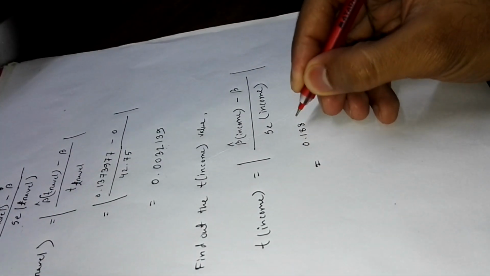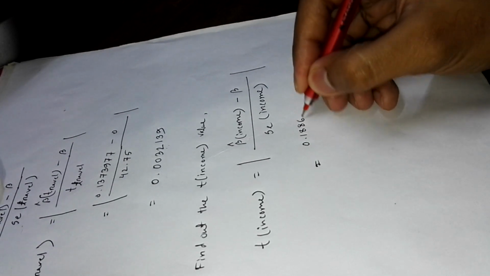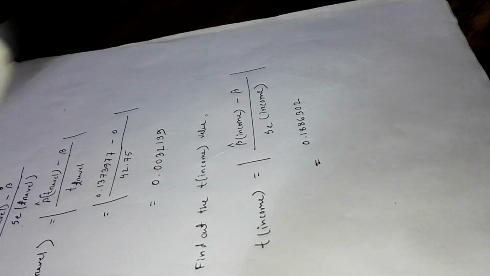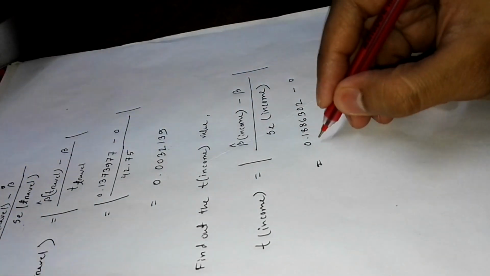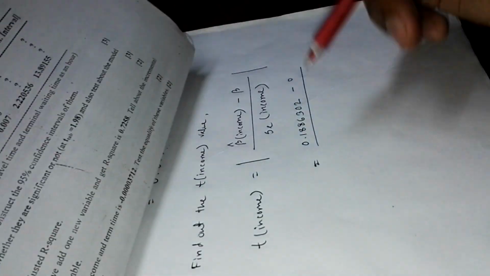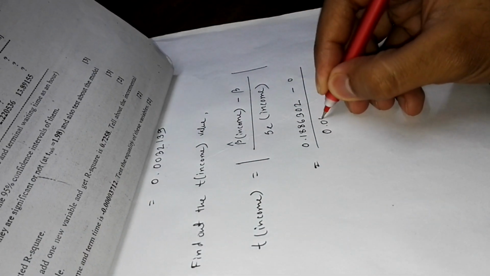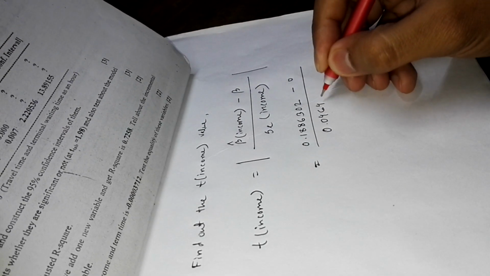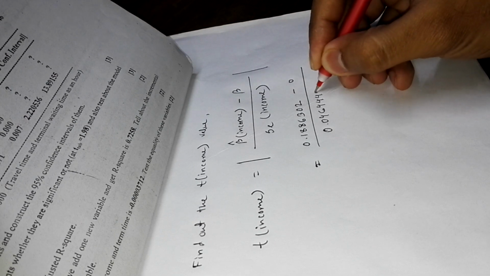Input it: 0.1886302 minus 0, and the standard error of income, where is it? Oh, this one. So put this value here, 0.0464443.